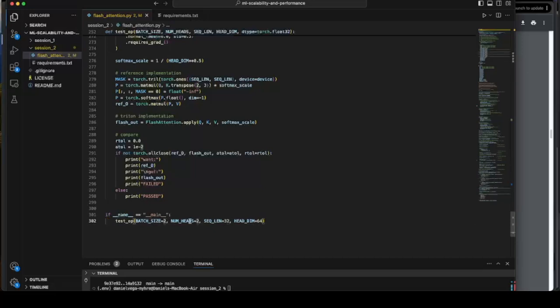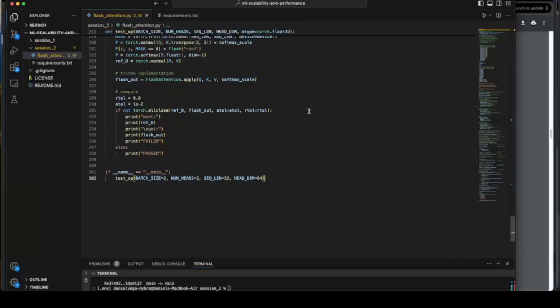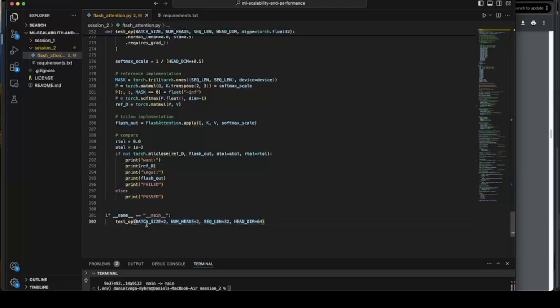I was asking around about what could cause this, and I think the most likely explanation is, for a given floating point element, when you do some multiplication, there's going to be very, very small divergence between floating point values when you're computing them in two different instances. But if you're accumulating across thousands or millions of different elements, in reductions and operations like that, then they'll start to accumulate, and the final differences in the output might be larger. But I believe the algorithm is correct because for batch size 2, number of heads 2, sequence length 32, head dim 64, it matches the torch implementation.